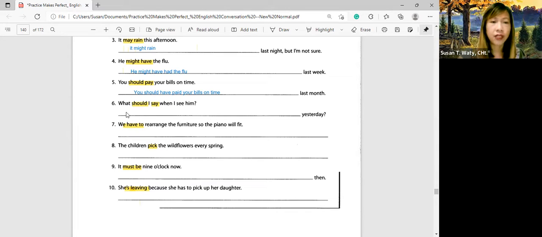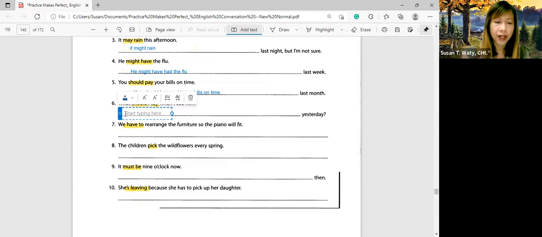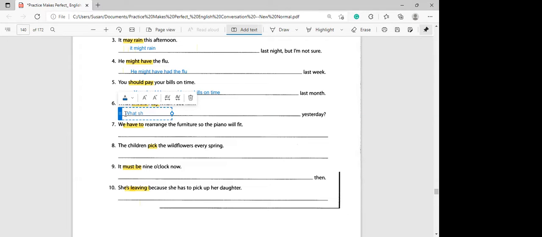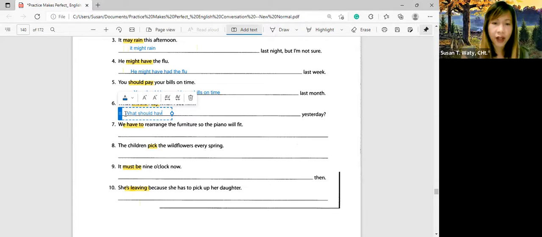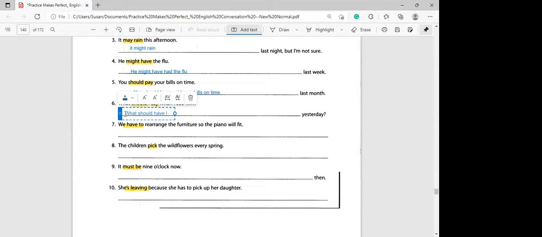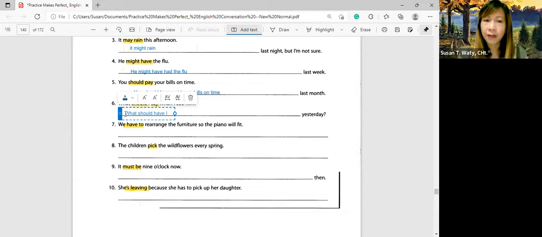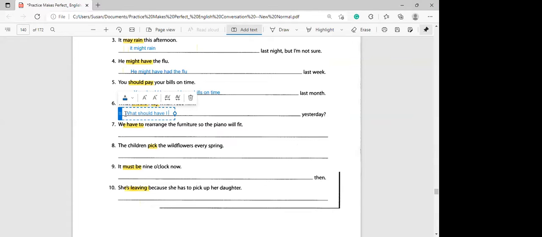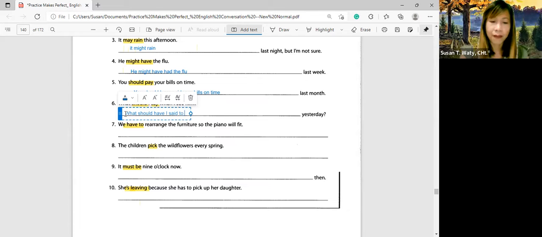So let's do this first. Your answer was, let me write it: What should have I said. Say turns into said, the past participle.